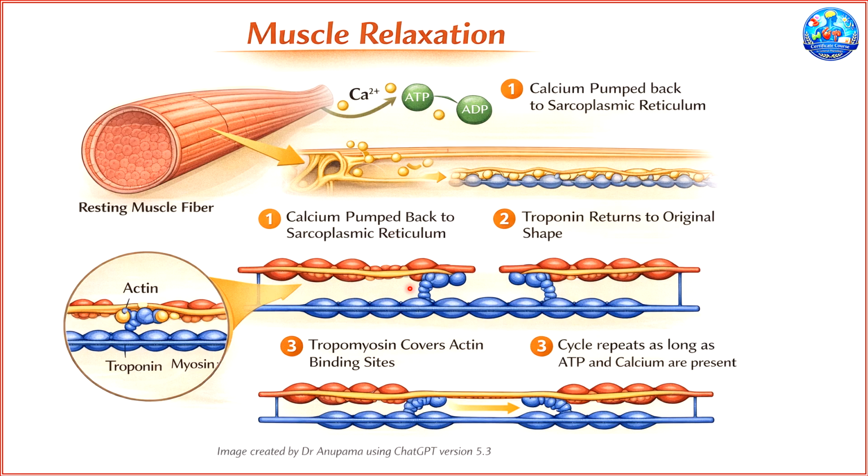So troponin and tropomyosin cover up the active sites of the actin filament. Then the myosin-actin cross-bridge formation will not take place, and hence the muscles return to the relaxation state or resting state.